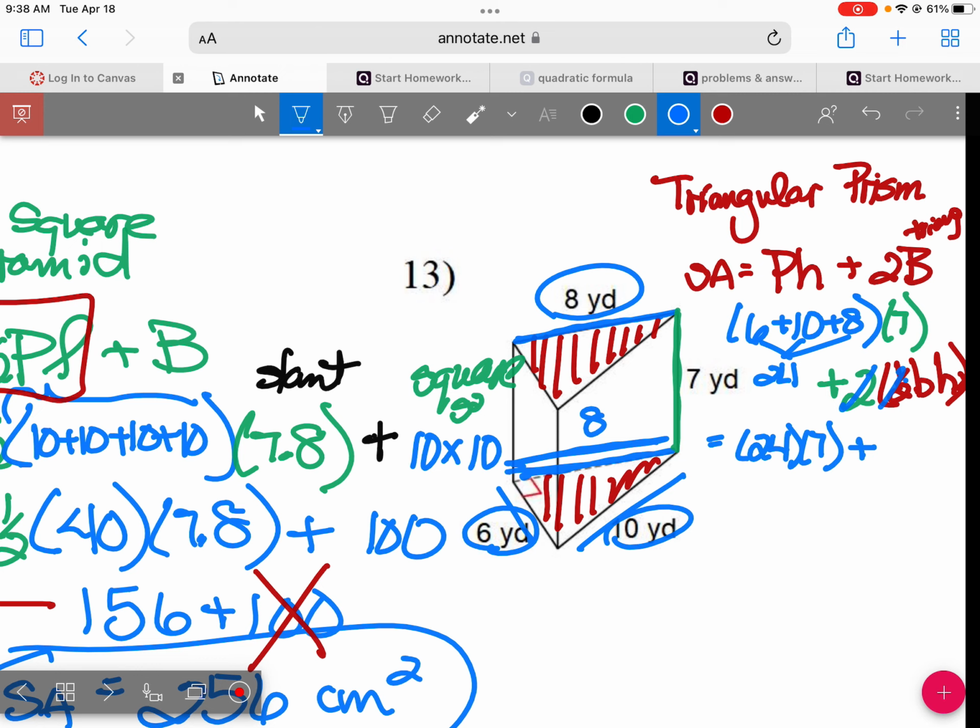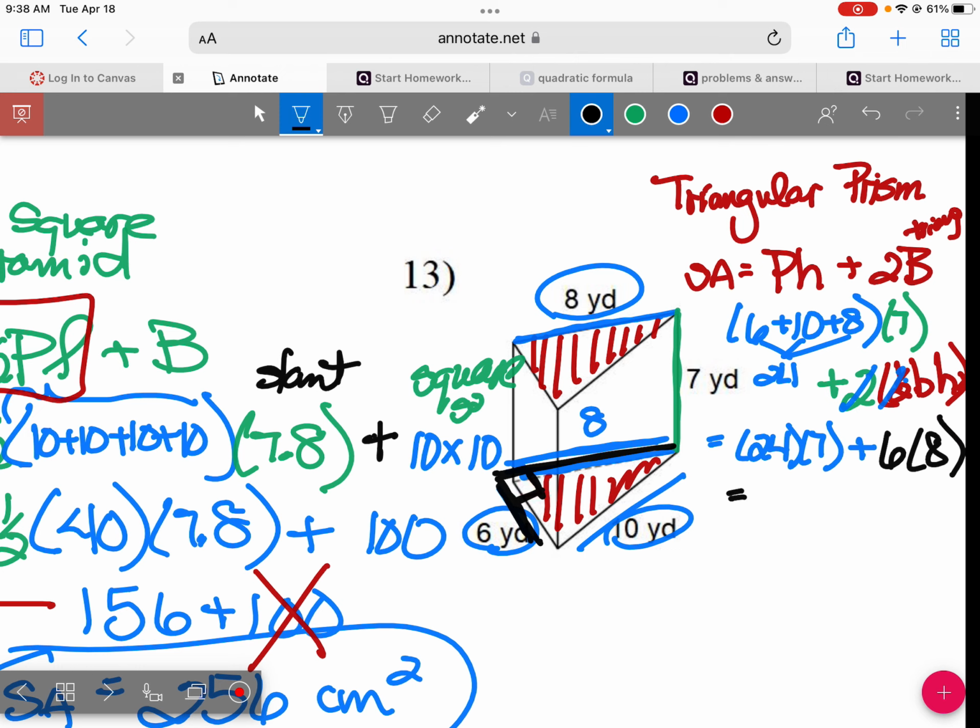The base of the triangle is 6, times the height. I need to make sure it's perpendicular. They gave me that little right angle right here, so that's times 8.